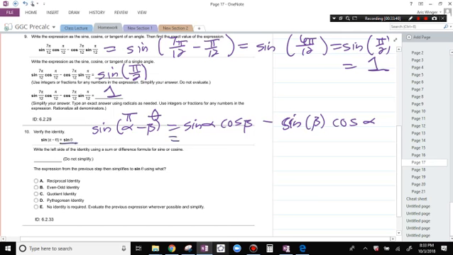When we substitute in, the only thing that should be left is the sine of theta. Sine of pi times the cosine of theta minus the sine of theta times the cosine of pi. Write the left side of the identity using this and do not simplify. So this flat out goes here. This goes right here. So star, that goes right there.